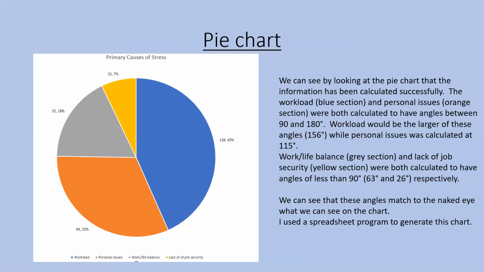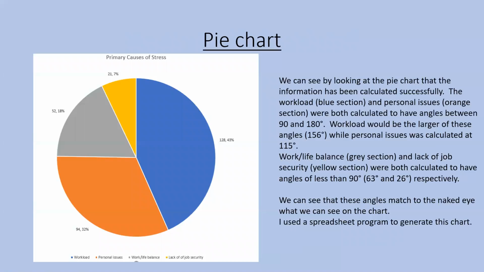This was done with Microsoft Excel, which I wasn't able to find a way of demonstrating the angle within the circle. However, if we look at it, we can see to the naked eye that our angles are correct. We worked out in the first instance that people citing workload as a main cause of stress, which is the blue section here, came to 156 degrees in the pie chart.